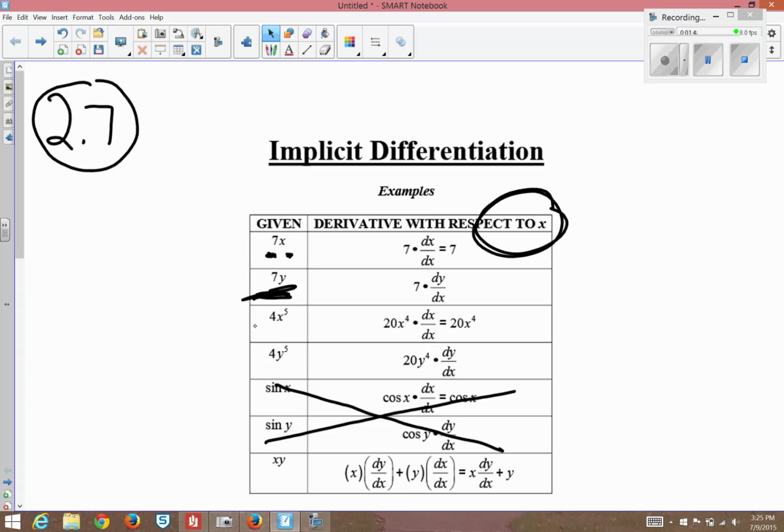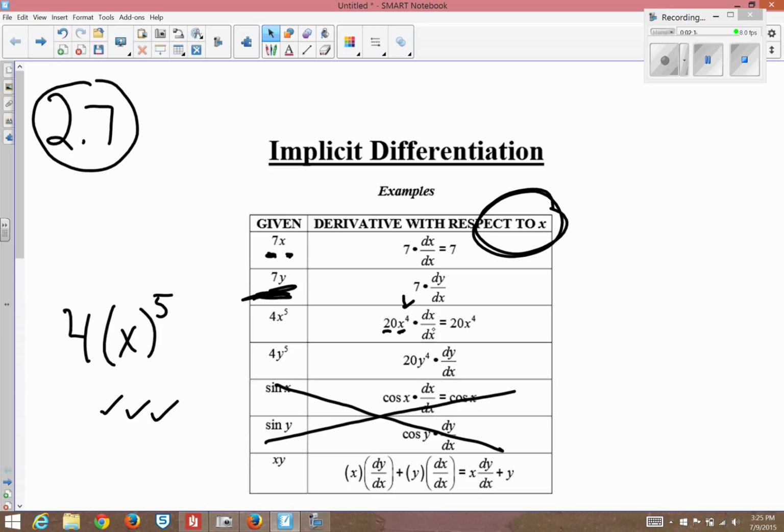The next example in this chart is 4x to the 5th. Think of it as 4 with x in parentheses to the 5th. The derivative is what I've been calling the 4 bells. 5 times 4 is 20. The x gets copied. The 5 becomes a 4.